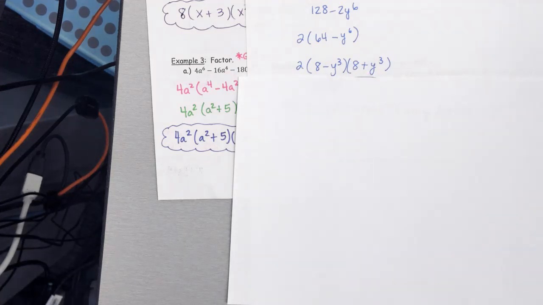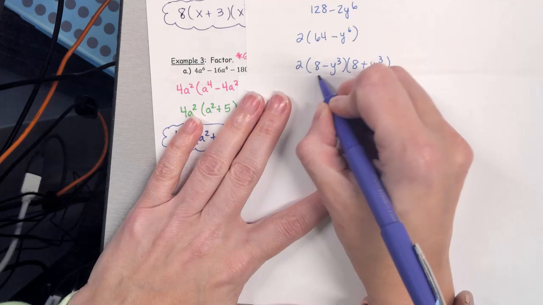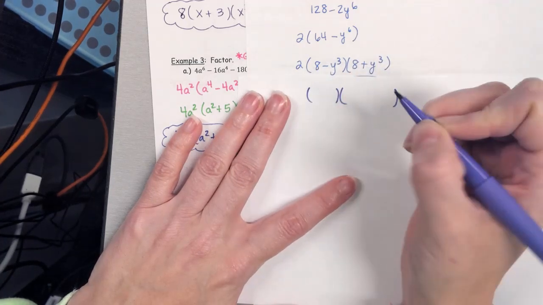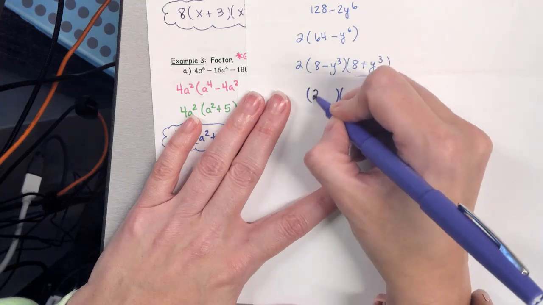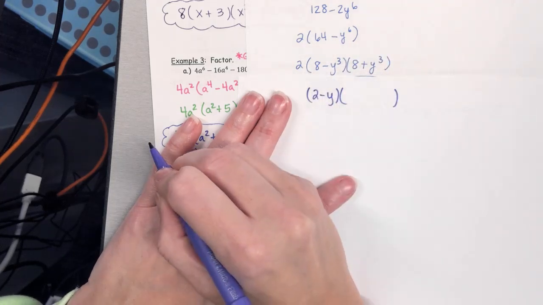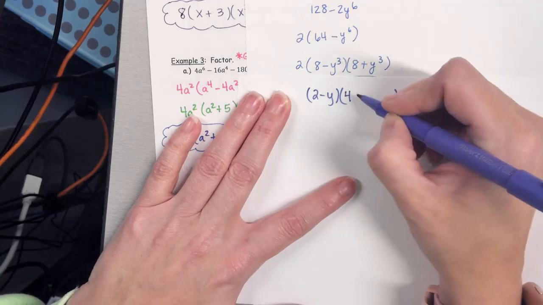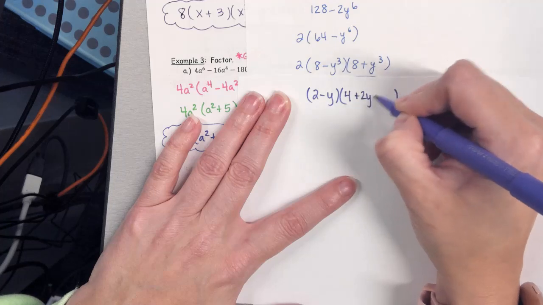So if you were to break that down, this guy, you would have, what's the cube root of 8? 2. So you'd have 2 minus y, and then 2 squared is 4, and then you'd have plus 2 times y plus y squared.